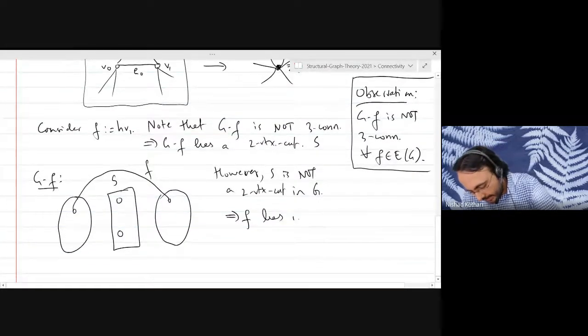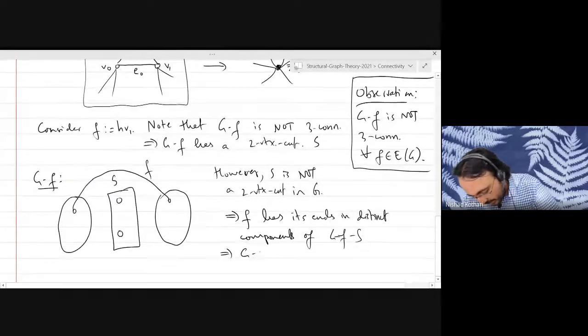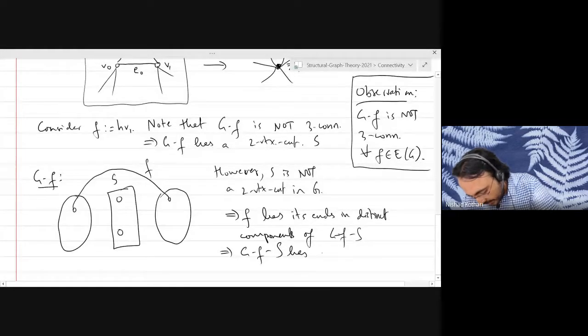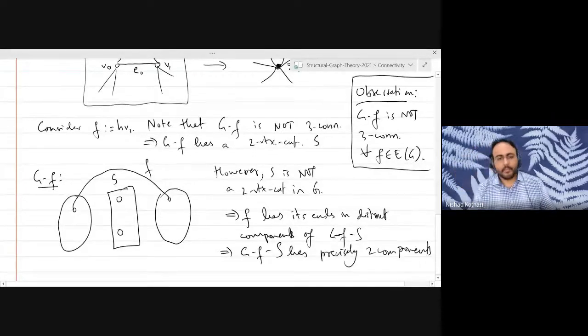F has its ends in distinct components of G minus F minus S, and this in particular implies that G minus F minus S has precisely two components. Is everybody with me? When we delete the edge F, we get a two vertex cut.